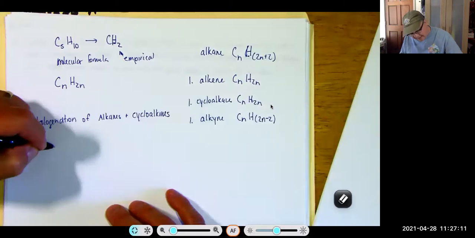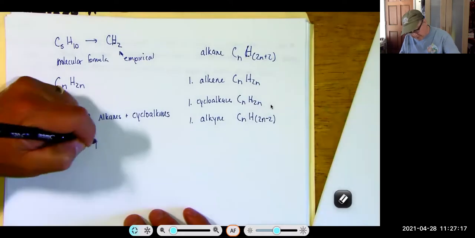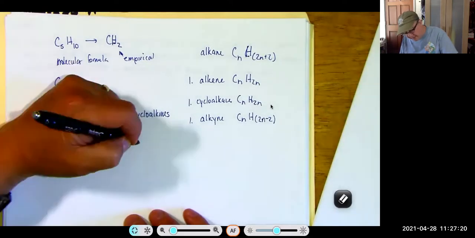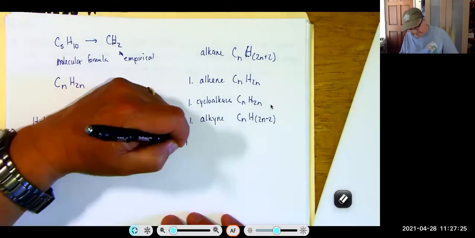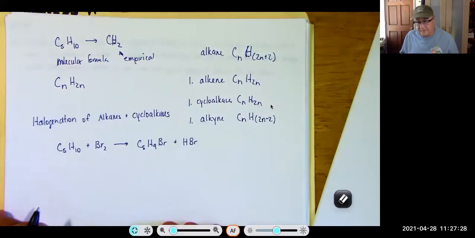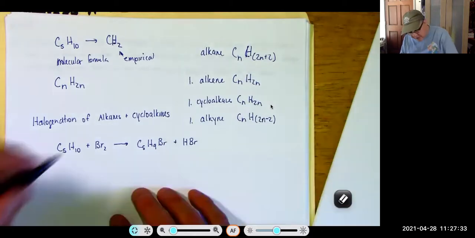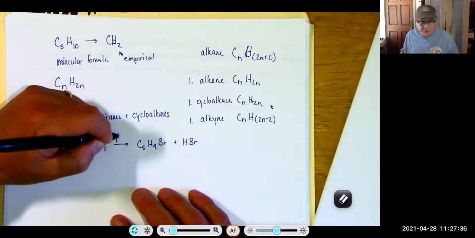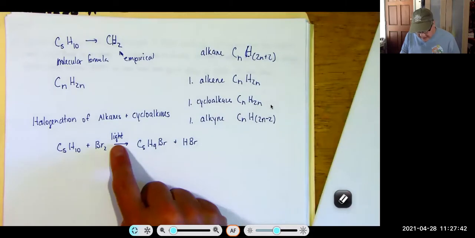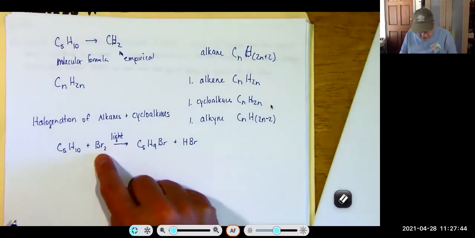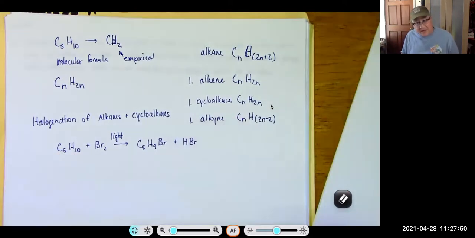If you have an alkane like C5H10 and you add bromine to it, you're going to get C5H9Br plus HBr. Now, the thing I did not tell you previously about this reaction is that it requires light. If you don't have light, it doesn't work very well. You need light to break the bromine-bromine bond so that one of the bromines can add over here. That's exactly right.